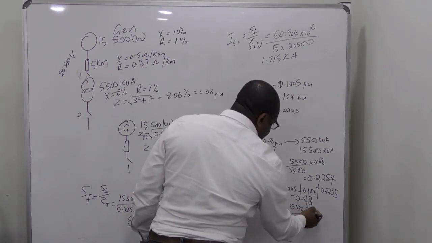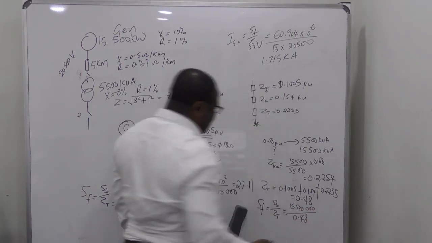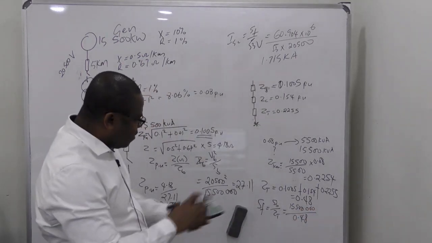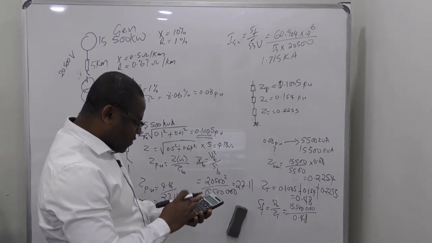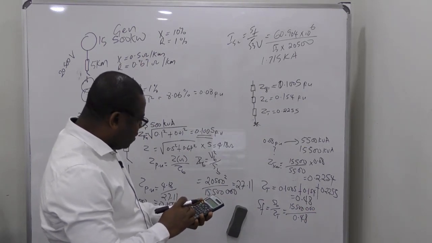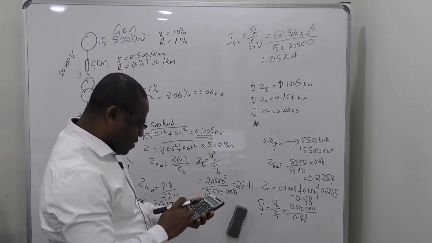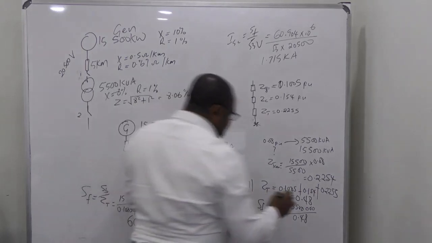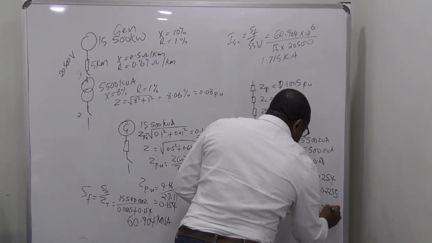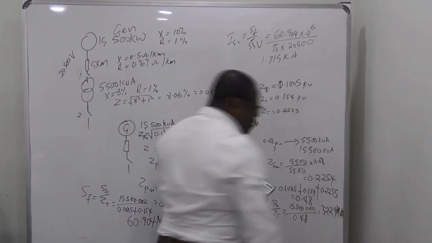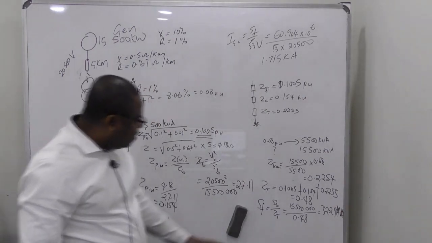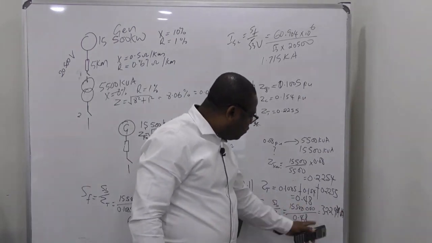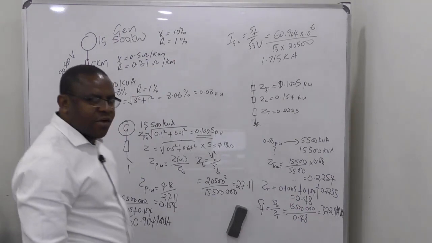That is 15.5 MVA divided by 0.48, which gives 32.29 MVA. Did you get that?